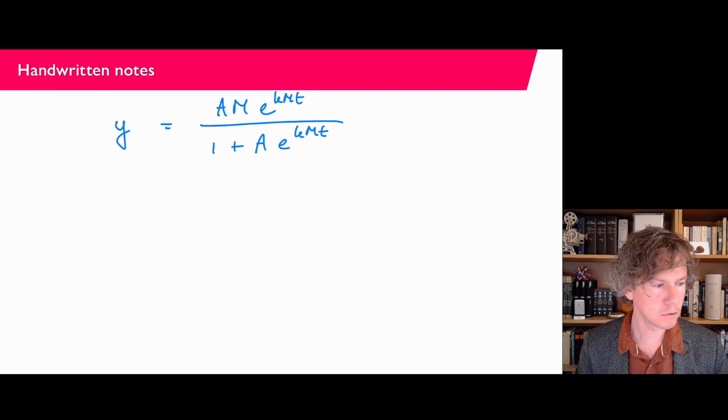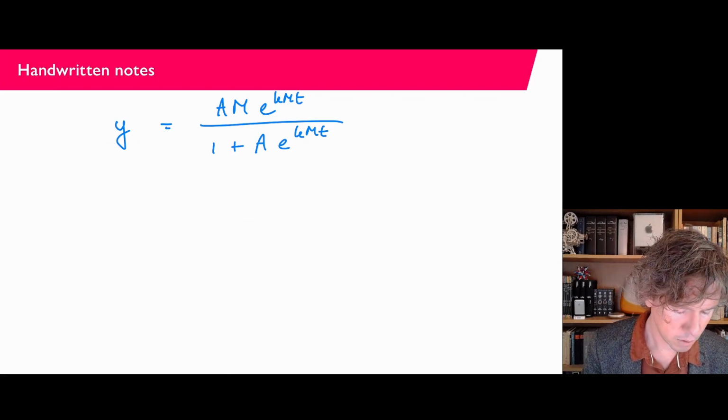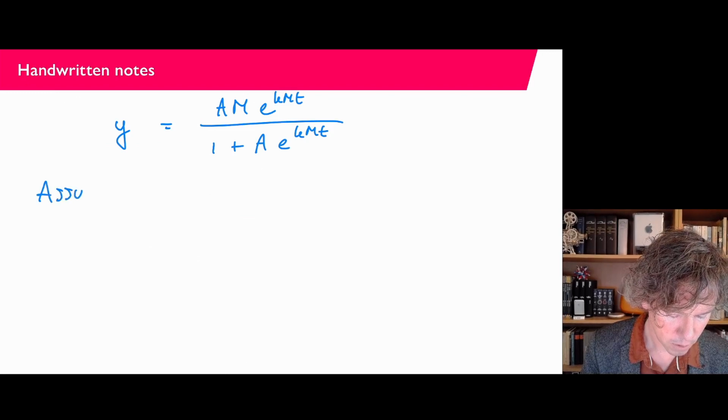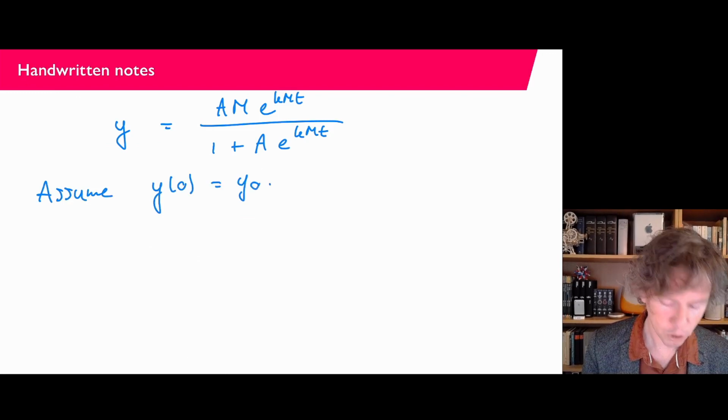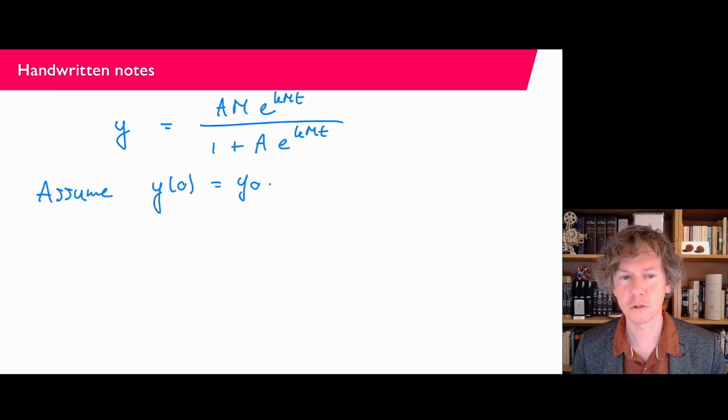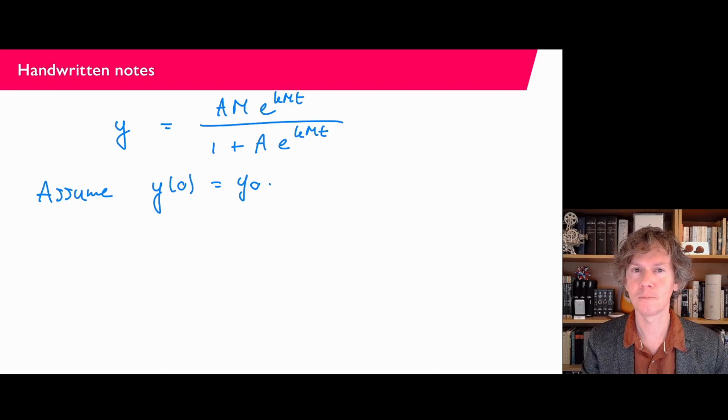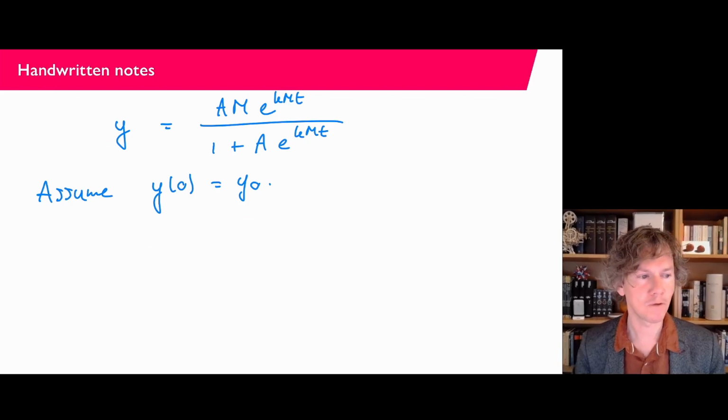So let's try to do that. So let us now assume that y at time 0 equals, well, some given population size y0. So that's just a fixed number. That's the Belgian population at our starting time, and then we want to study how it's going to develop in time.